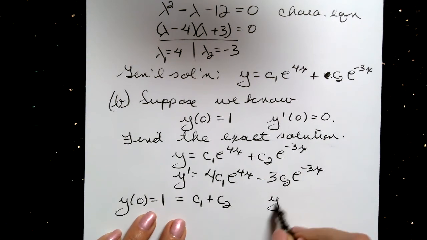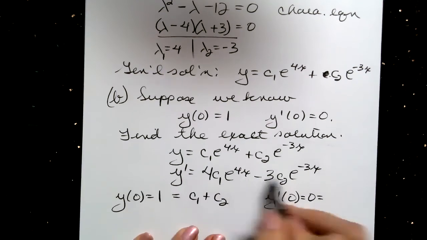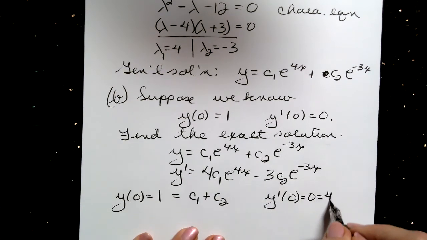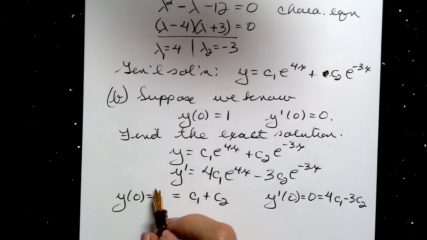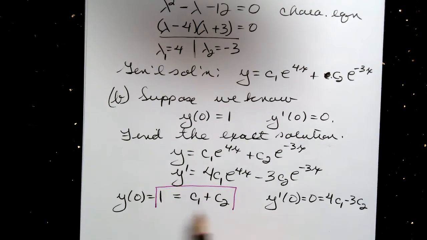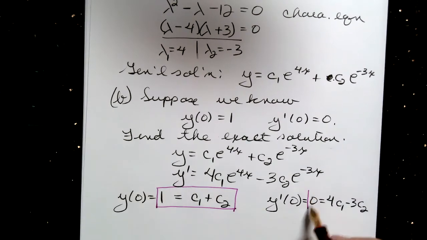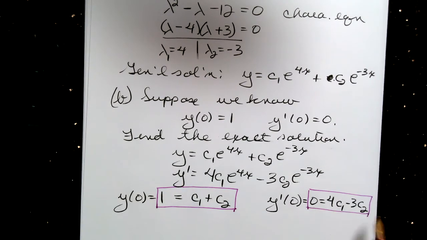Okay, and we know that y prime of 0 is 0, but y prime at 0 from this formula is 4c1 minus 3c2. So again, we have two equations in two unknowns. Solve it by your favorite algebra method that you learned in high school.